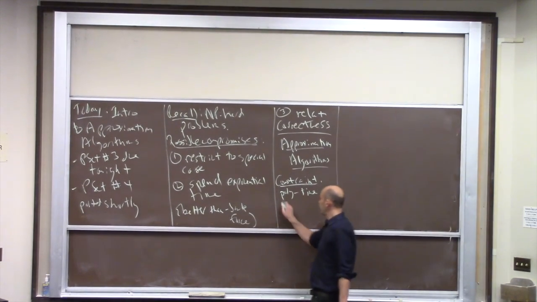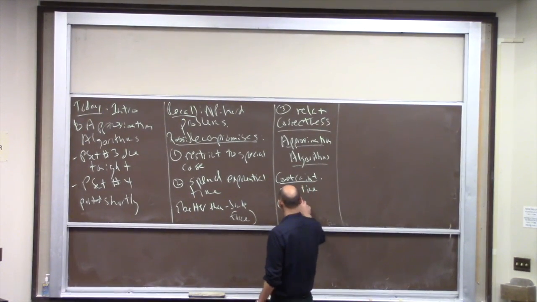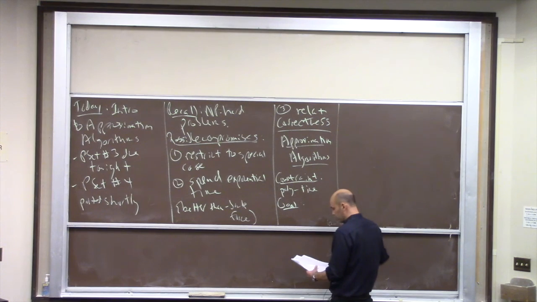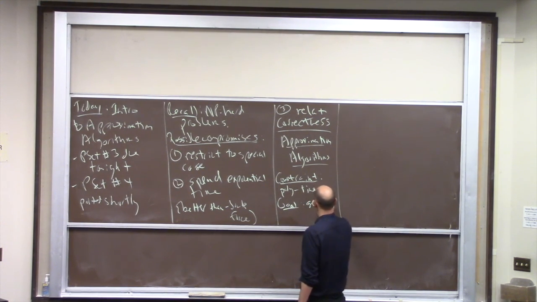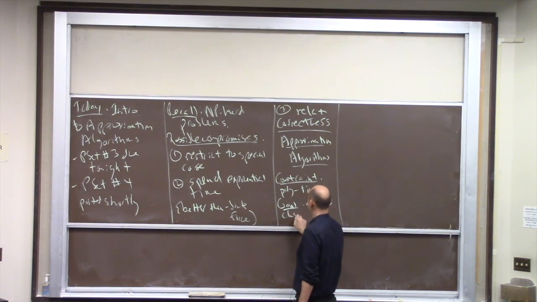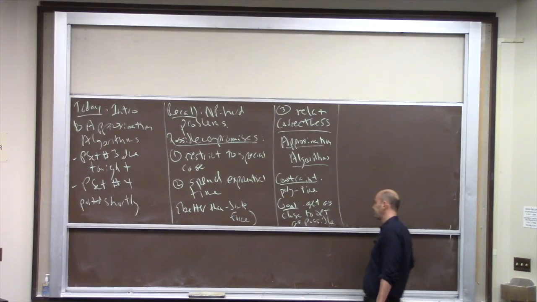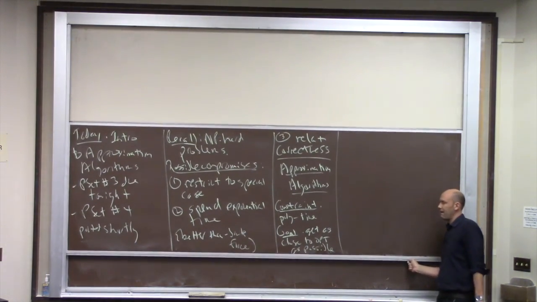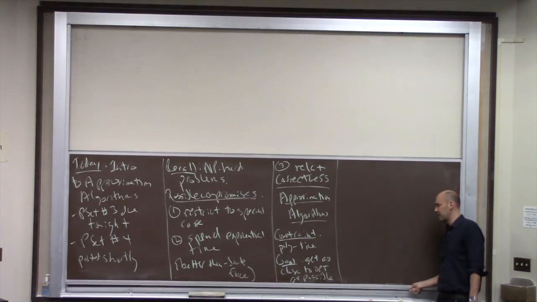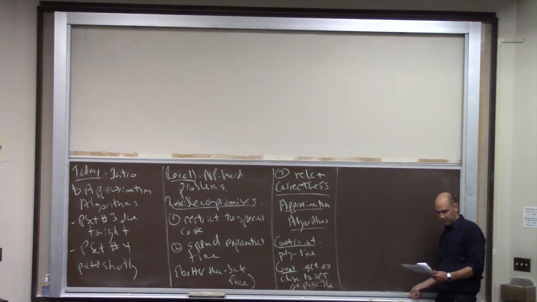And then the goal, again, we're always talking about optimization problems, so there's a notion of an optimal solution, and we just want to get as close to it as possible. Close in the sense of having objective function value close to the best possible objective function value of any feasible solution.